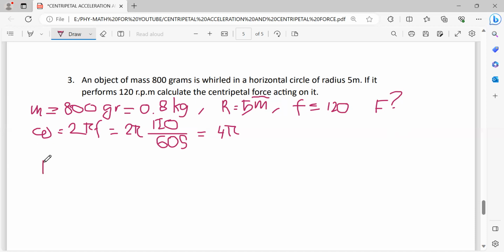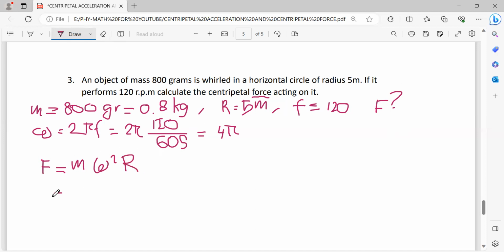So force equals, sorry, not m v squared, m times omega squared times r.